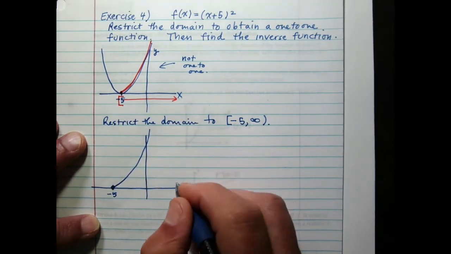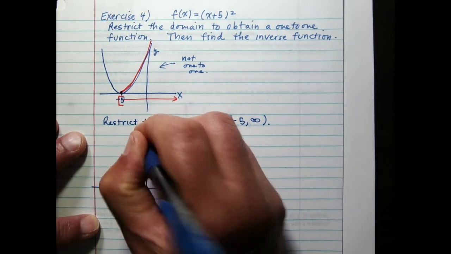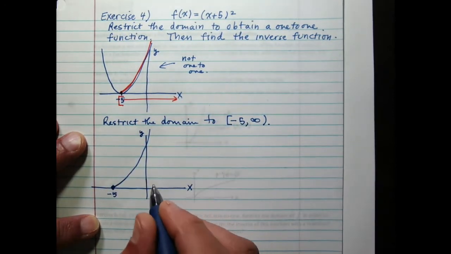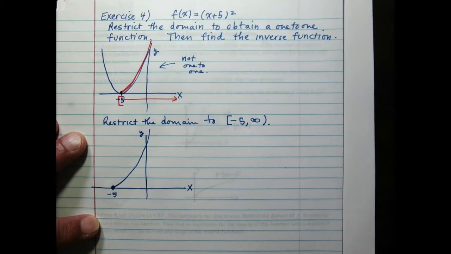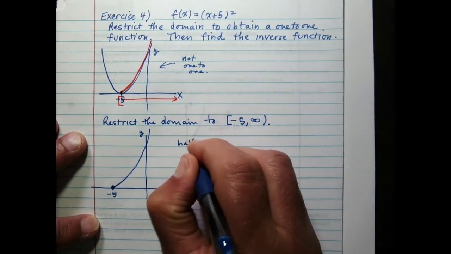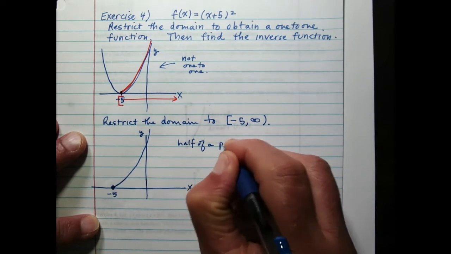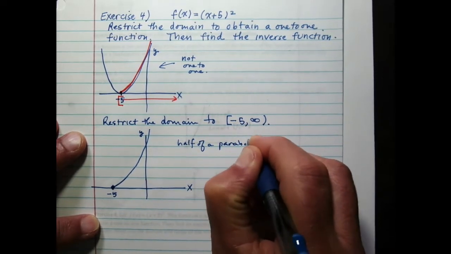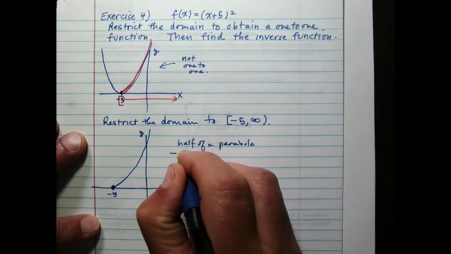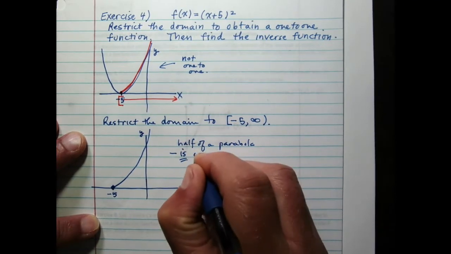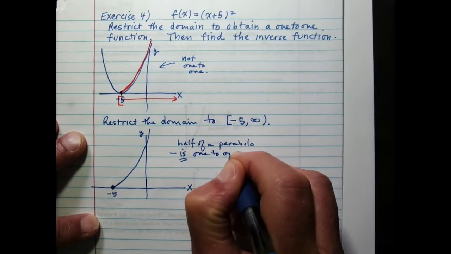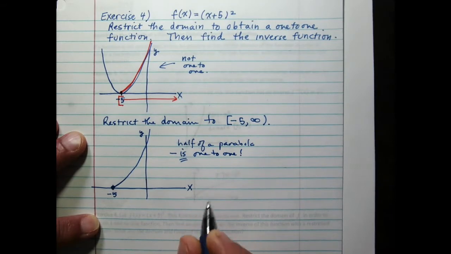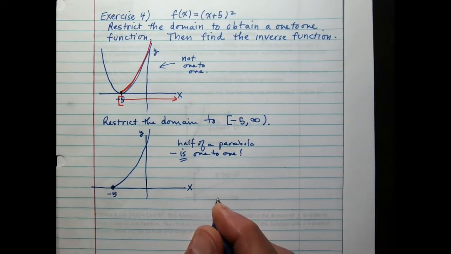Eventually it crosses the y-axis. So we have half of a parabola, and this is one-to-one. So there is an inverse.